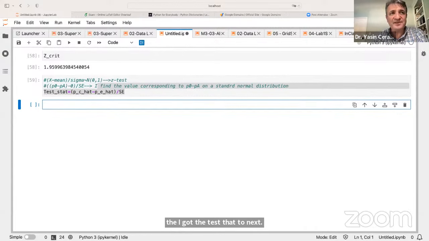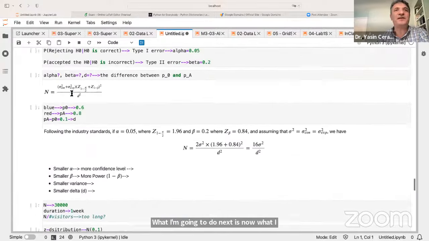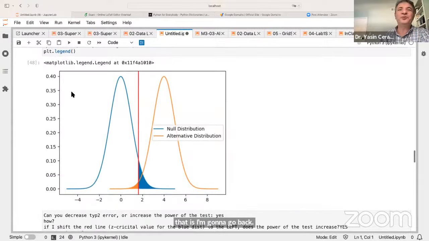What I'm going to do next is, now that I found the test stat, go back to this blue line. Remember, the Z critical value was the value for this red line point. To find the Z critical value, I gave the area under the curve and got the critical value.